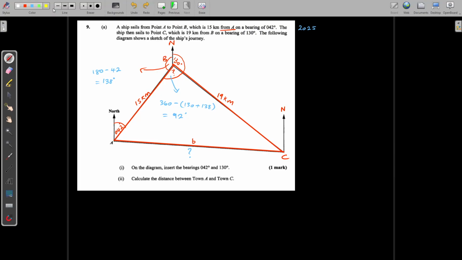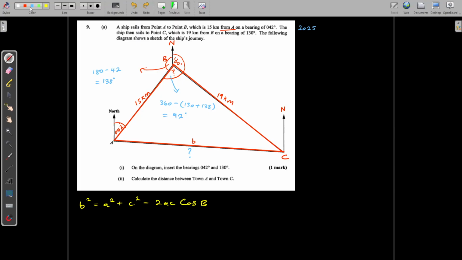So if we're trying to find b, we're going to say b squared is equal to a squared plus c squared minus 2ac cos B. So if we're trying to find a, we start at a squared is equal to b squared plus c squared and so on. So that's how we maneuver the formula.